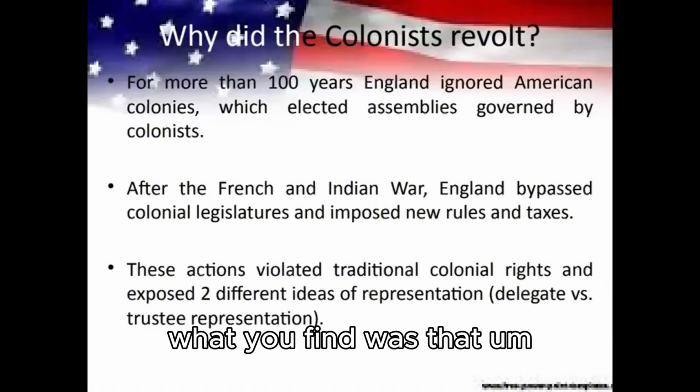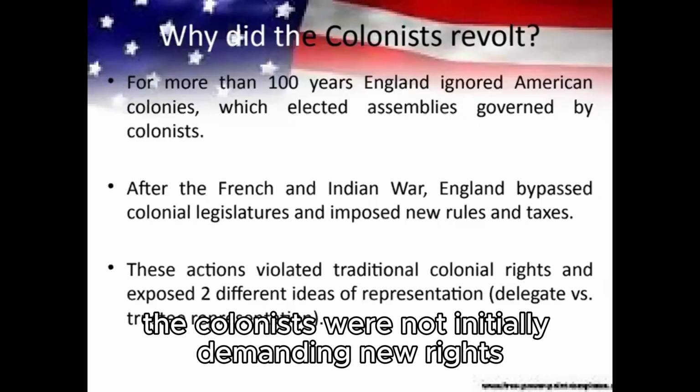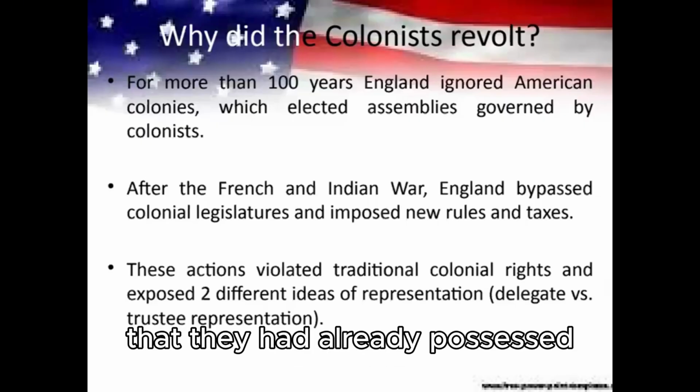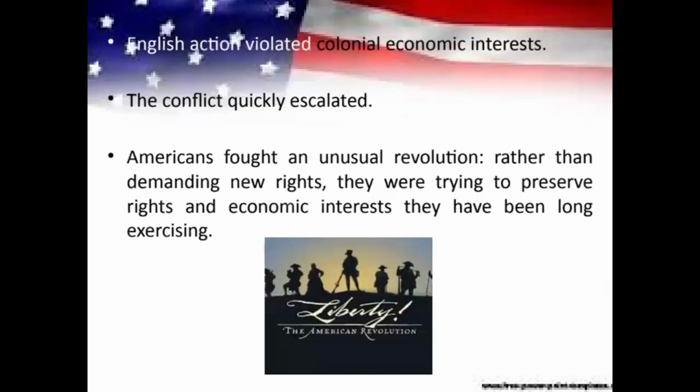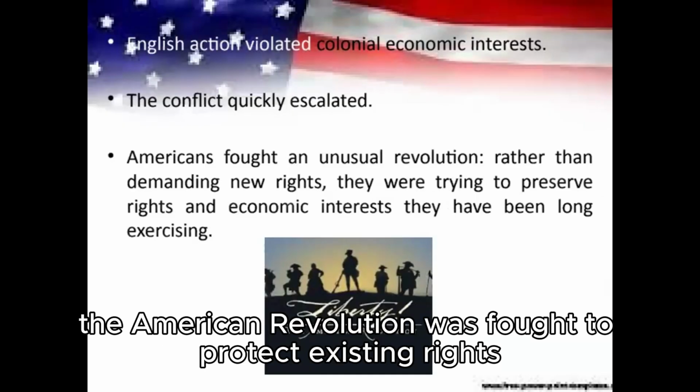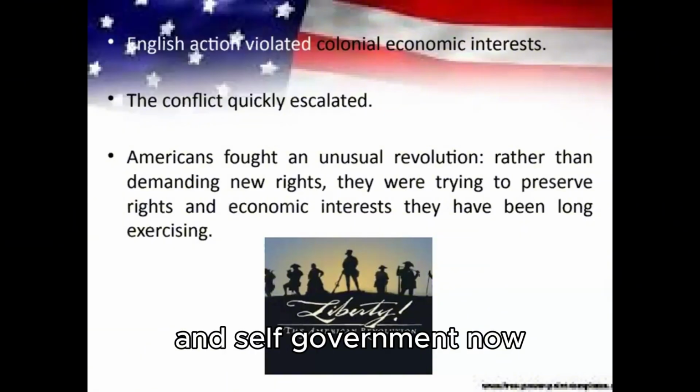The colonists were not initially demanding new rights. They wanted to preserve the rights they believed they already possessed. All in all, the American Revolution was fought to protect existing rights and self-government.